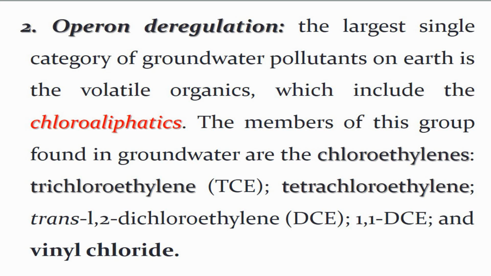The largest single category of groundwater pollutants on Earth, for example, is the volatile organic compounds, which include the chloroaliphatics. Members of this group found in groundwater are TCE, DCE, and also vinyl chloride.